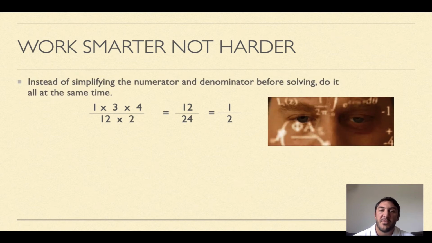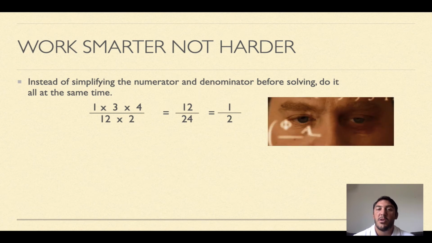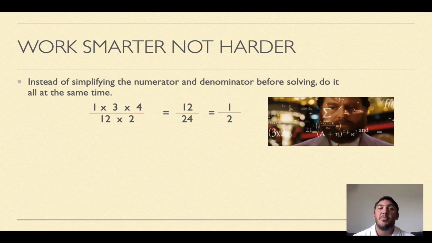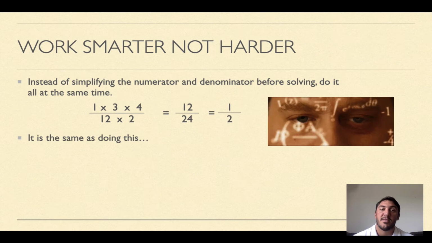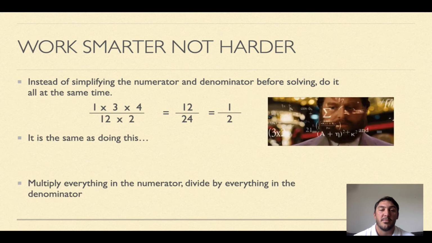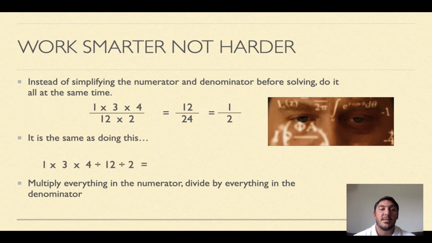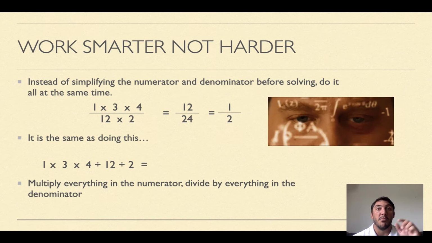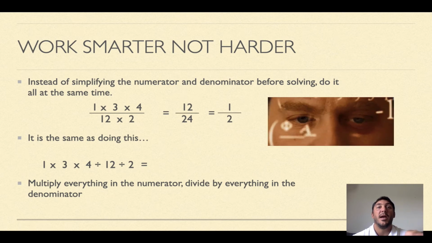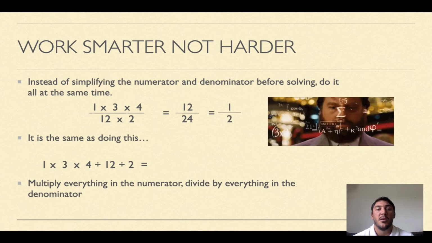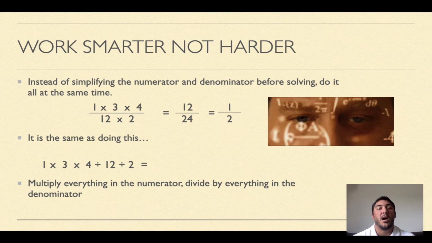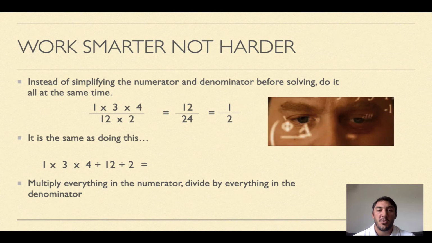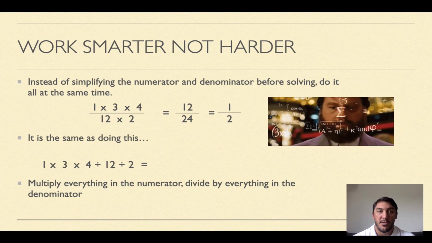So instead of simplifying the numerator and denominator, do it all at the same time. If it appears in the numerator, it's the same as multiplying across the top and dividing across the bottom. So instead of 1 times 3 times 4 and writing it down, and 12 times 2 and writing that down, multiply across the top and divide across the bottom: 1 times 3 times 4 divided by 12 divided by 2.